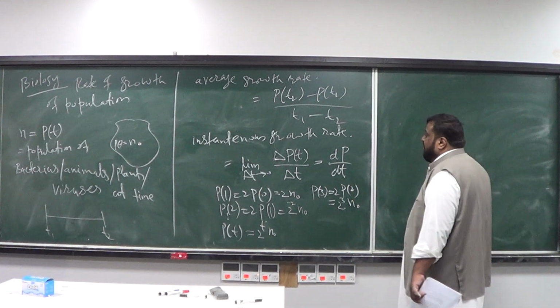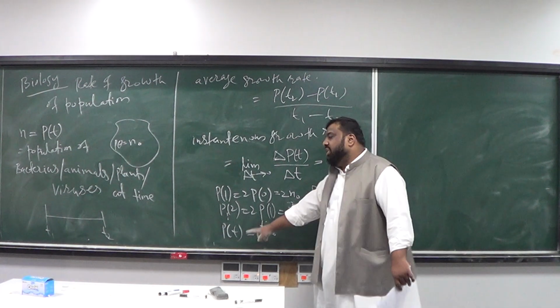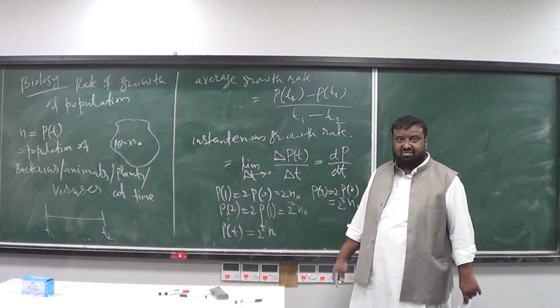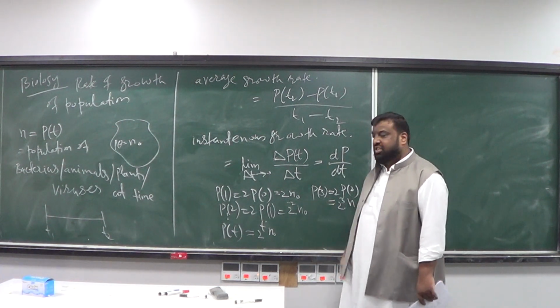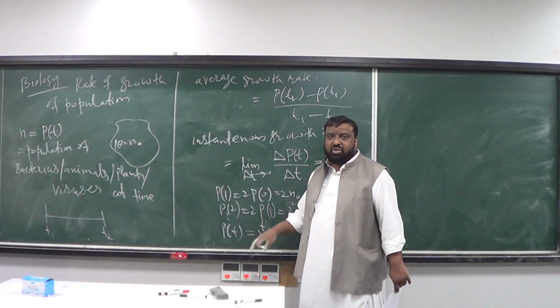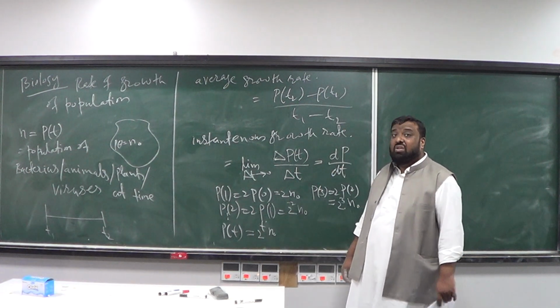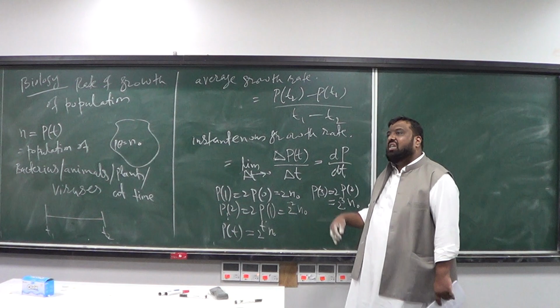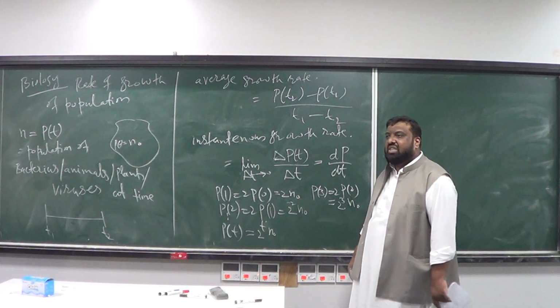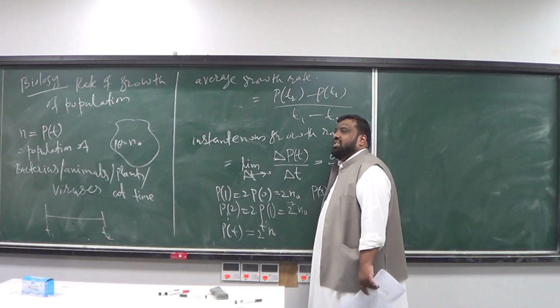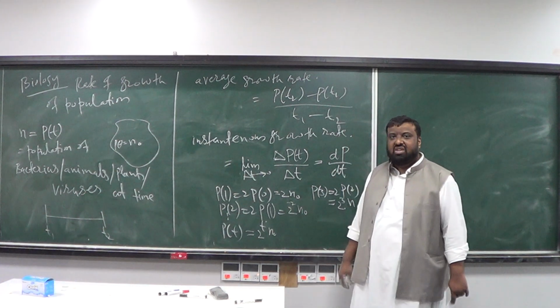So now we would like to know how fast this population is changing. This is the formula for the population at time t, but you want to know how fast it is changing.